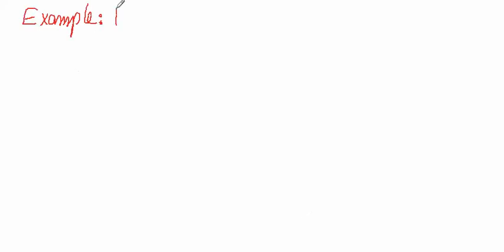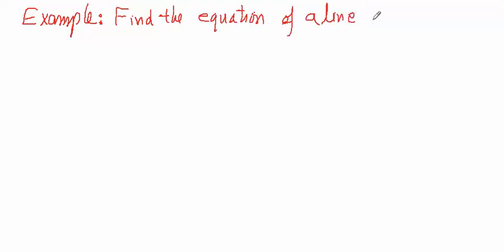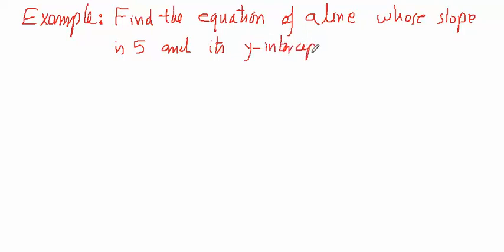This example is: find the equation of a line whose slope or the gradient, as I told before, slope is in American English and gradient is in British English, so both mean the same, whose slope is 5 and its y-intercept is 4.